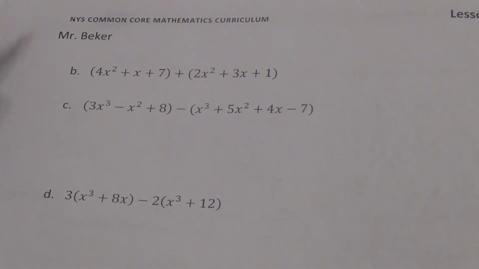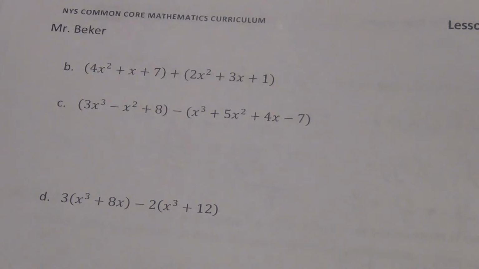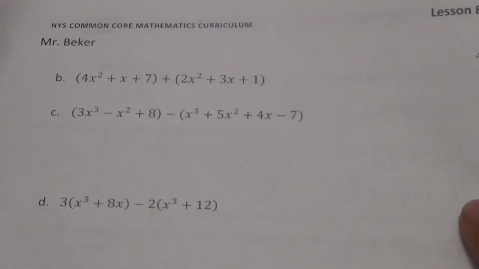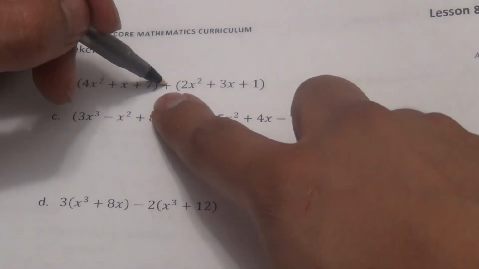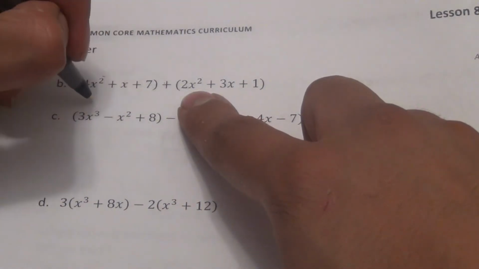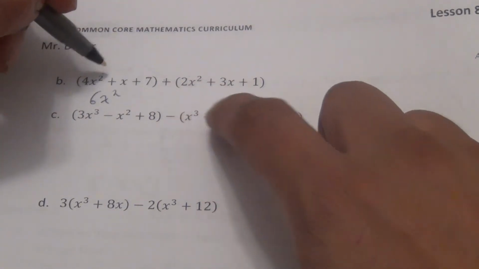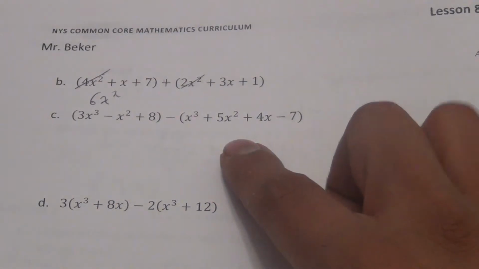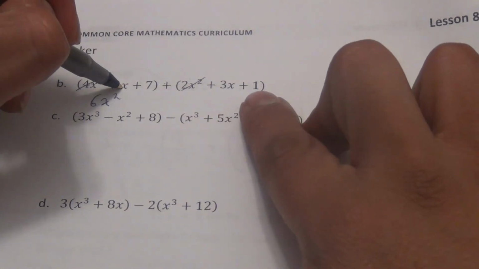Alright, so we're going to start. Remember that when you add or subtract polynomials, you have to add the like terms. Okay? So what is this equal to? Well, let's see. 4x squared plus 2x squared is 6x squared. Good. So look, what I do is cancel them out to know that I worked them out already. X goes with 3x.